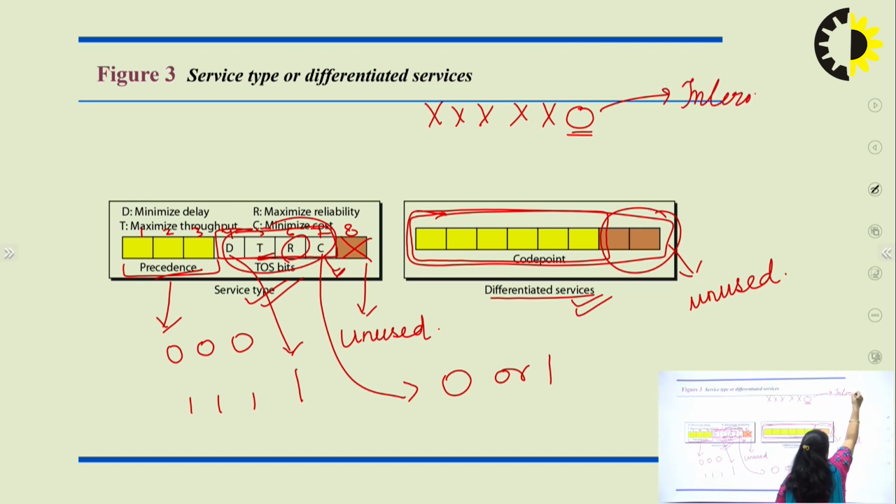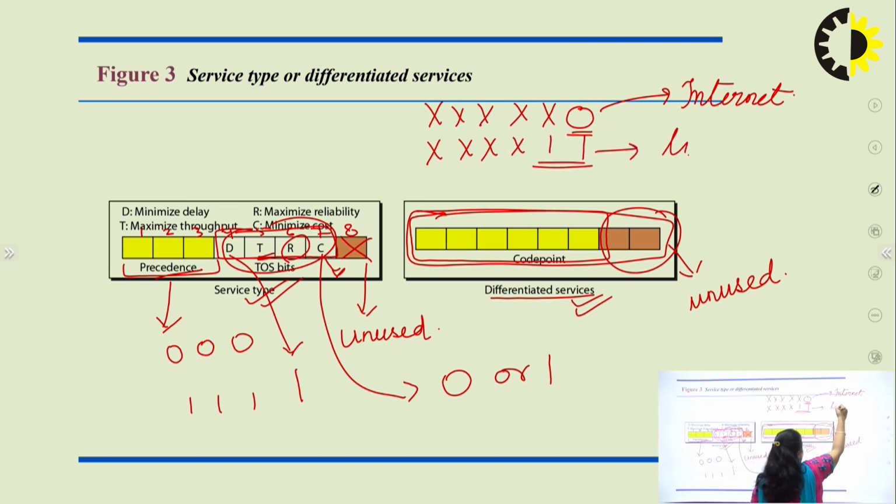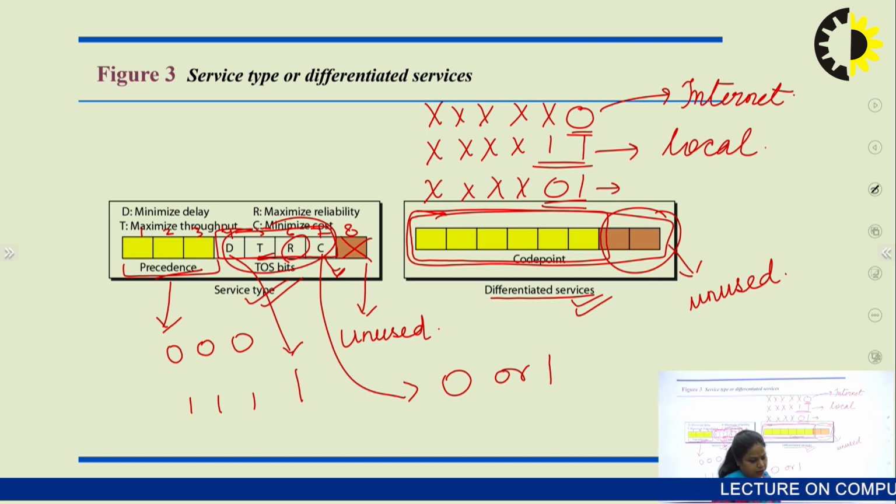Internet is the assigning authority providing the services, right? After that, if we are using 11 at the end, it means we are talking about local service or local authority. Okay? And finally, if we are using 01, in this case these are the temporary or experimental authorities.